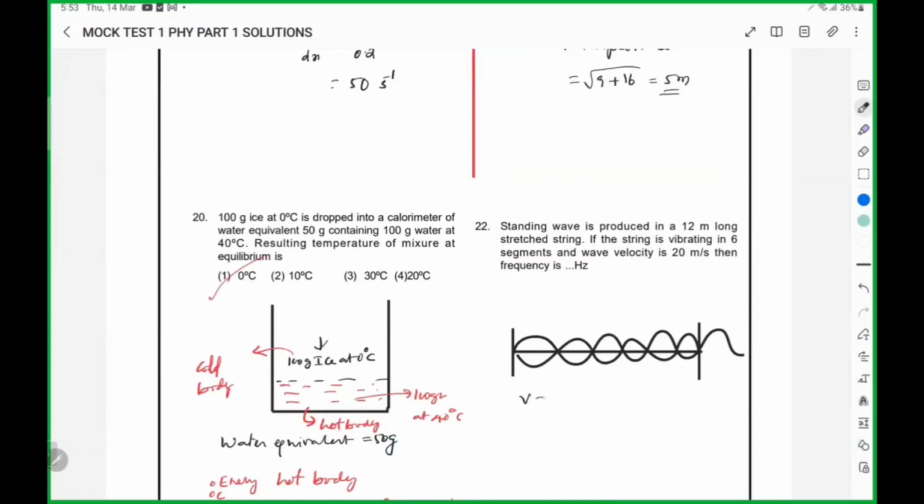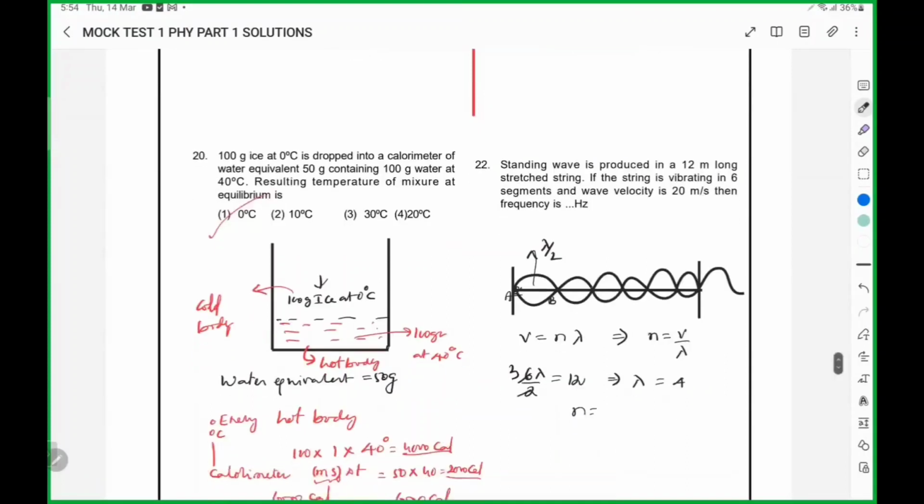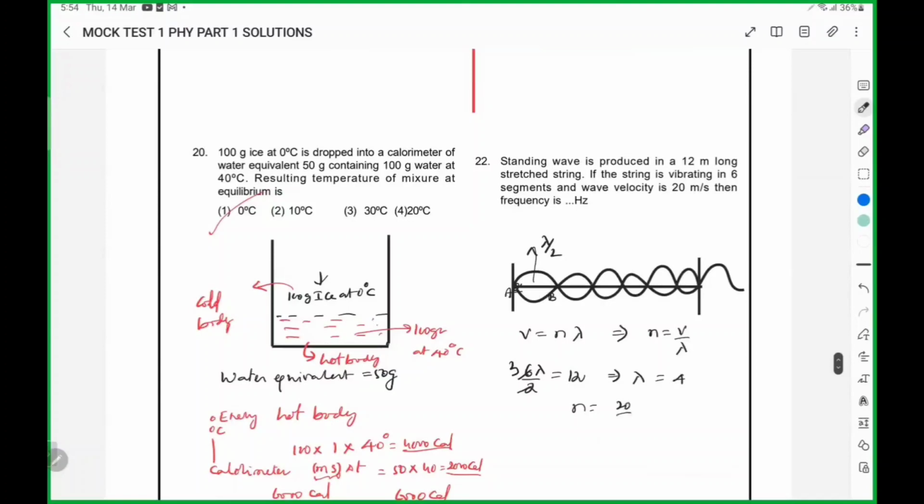Frequency here can be calculated by using v equals n lambda. The distance between two nodes is lambda by 2. Like that we have 6 segments, so 6 lambda by 2 will be the length of the string. Lambda here is 4. Frequency will be 5 Hz.